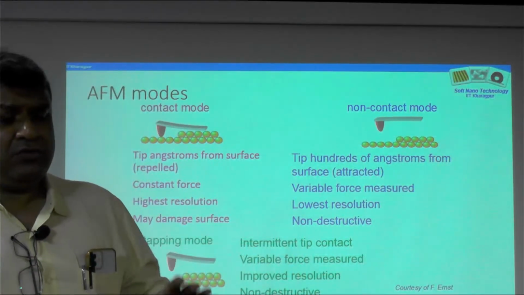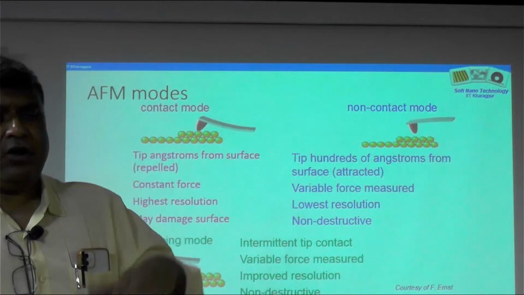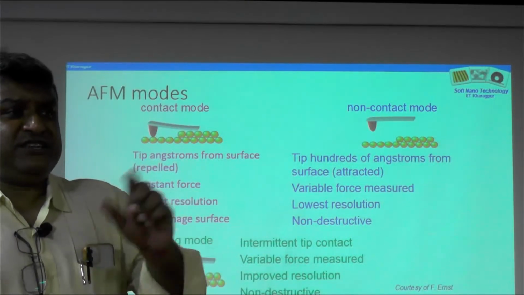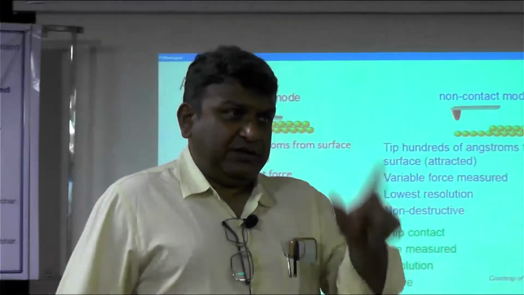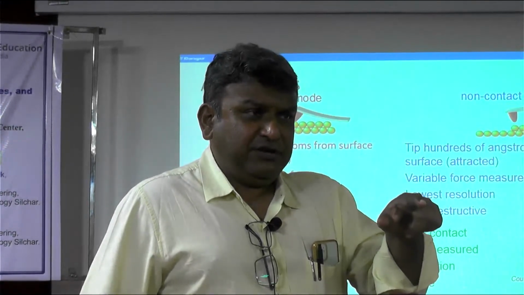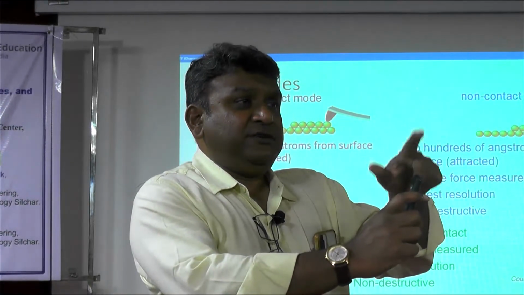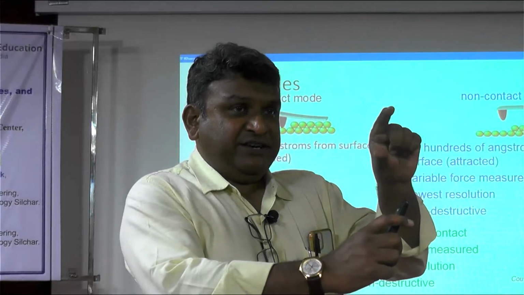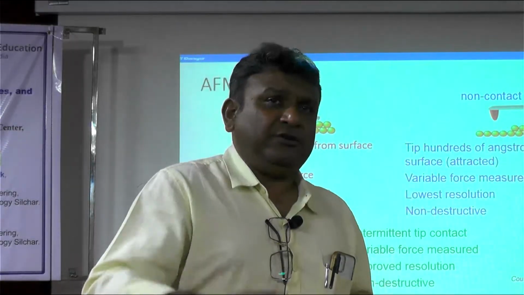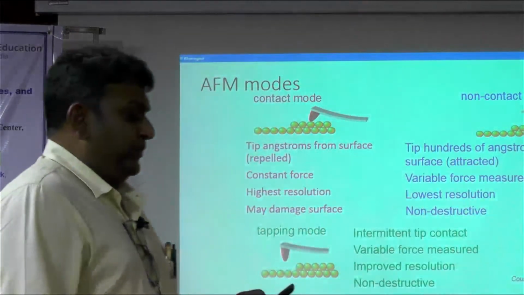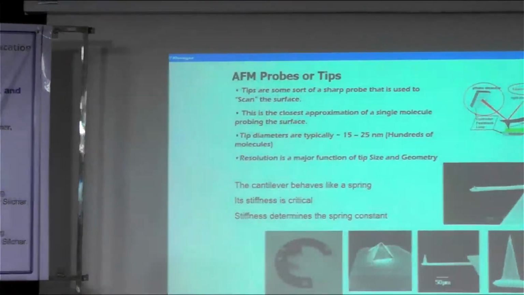Now what you measure is how much the amplitude of the oscillation changes for a higher or lower feature. It oscillates with a particular amplitude. If you have an obstruction, the amplitude gets reduced. If it is lower, the amplitude gets increased, and you map that to the feedback loop. This is what is known as intermittent contact mode.